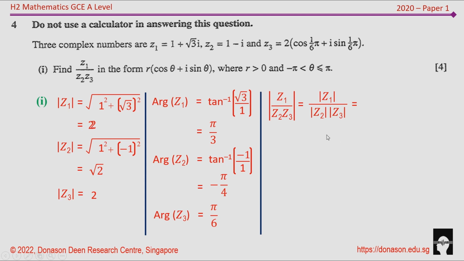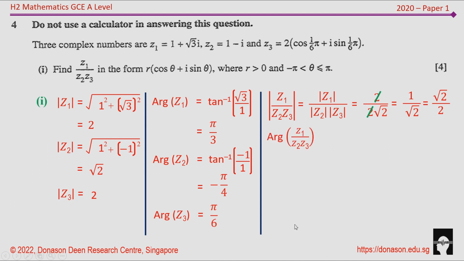So the magnitude of z1 is of course 2, and then we divide it by the magnitude of z2, which is root 2, and multiply by 2. So the denominator would become 2 root 2. We can cancel the 2 and the 2, and that's going to give us 1 over root 2. If you rationalize it, by multiplying the numerator and denominator by root 2, it would simply become root 2 over 2.